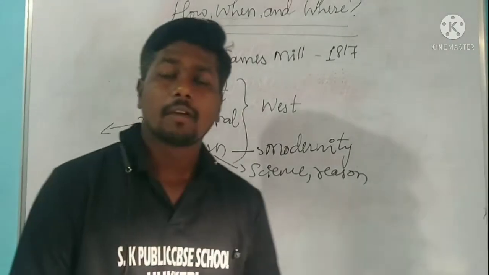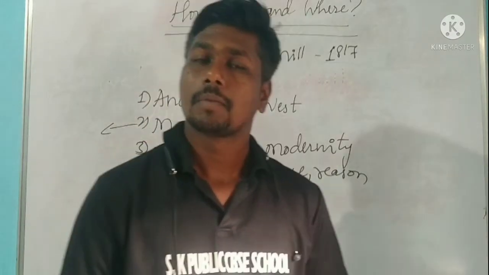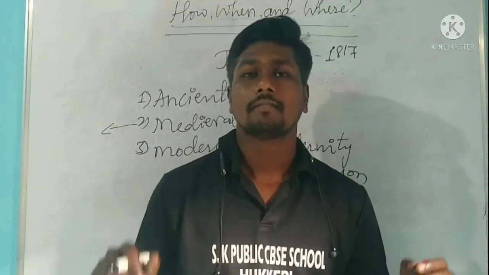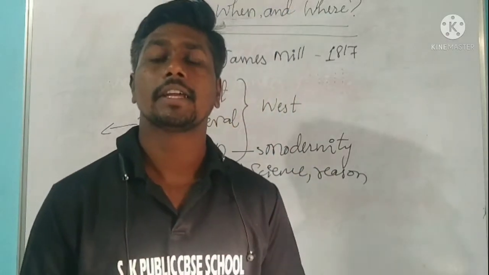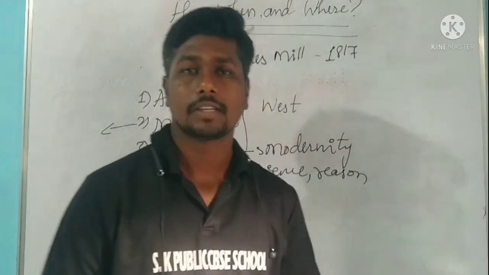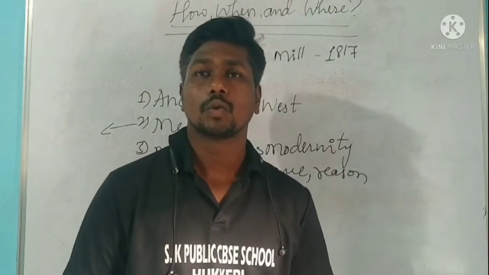Now in India, what happens? In India, under the rule of the British, people did not have equality. There was no independence for us, as well as no equality, no freedom or liberty for Indians under the British rule.